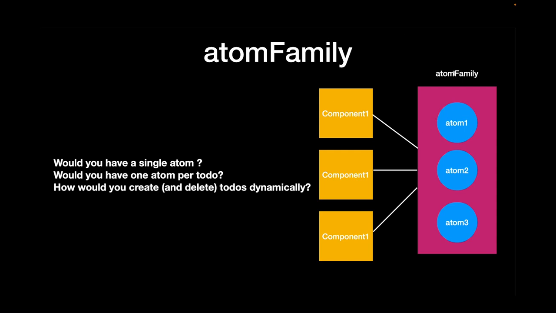I repeat, what does atom family give you? If a component wants an atom specific to an input, it will give me the input, and I will return that specific atom. This is how you can dynamically create more and more atoms for a use case similar to the one I'm showing right now.